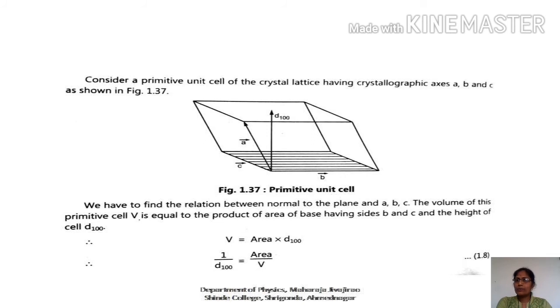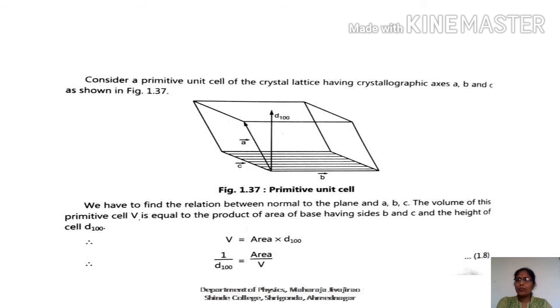The volume of unit cell is equal to length into breadth into height. So volume is equal to area into height. Here height is nothing but d100, that is interplanar distance. Volume is area into interplanar distance.